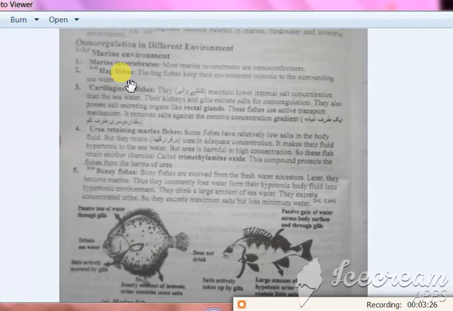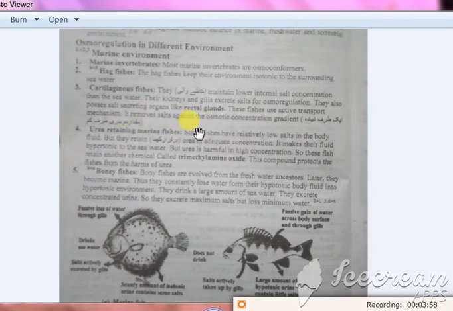Outside their body more salts are present, but the rule of nature is that things move from higher concentration to lower concentration. But in this case, although cartilaginous fishes have less salt in their body compared to the outside, they in spite release salt into the higher concentration. So it is against the law of nature.